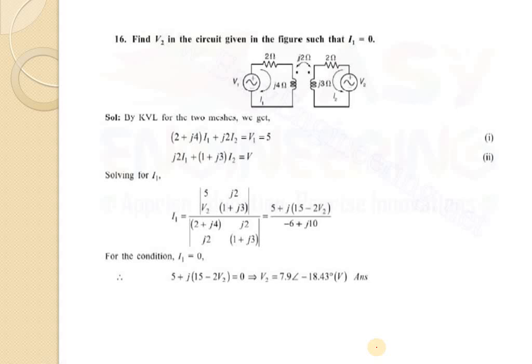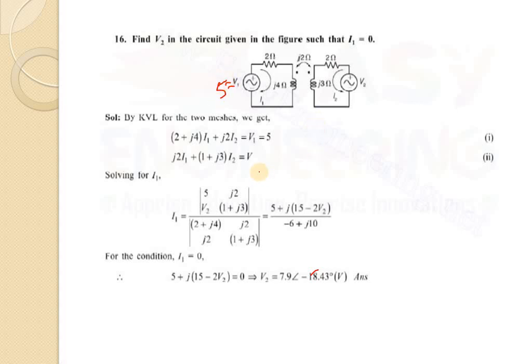As per the dot convention, both are in entering position, so it is plus J2 I2, equals V1. Actually the value of V1 is given, that is equal to 5.